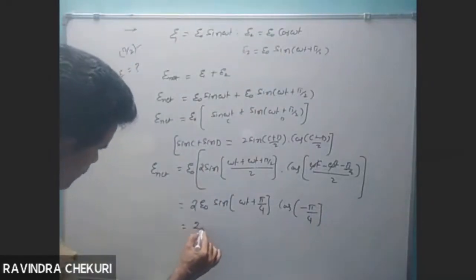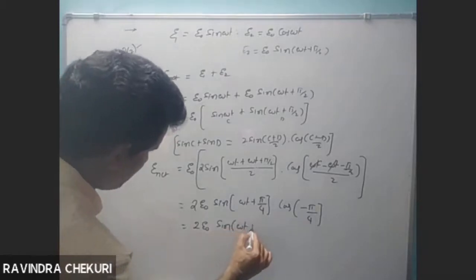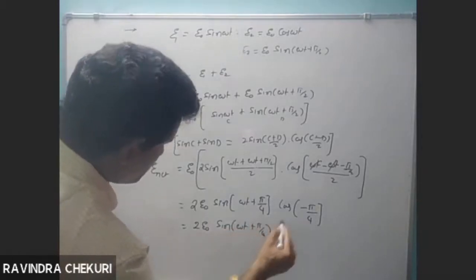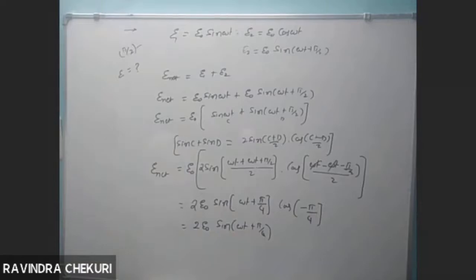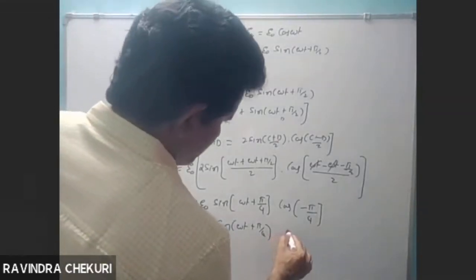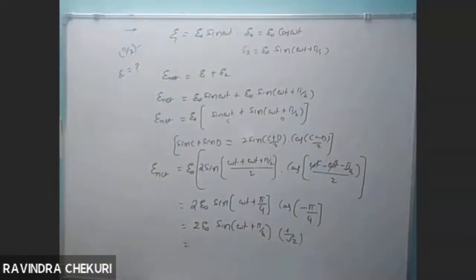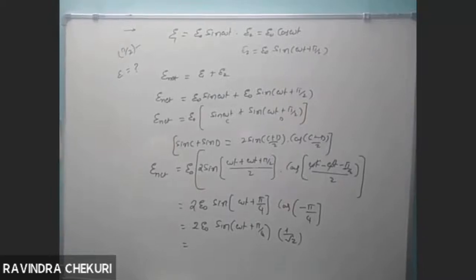So 2 E naught into sin of omega t plus pi by 4. Cos of minus theta is nothing but cos theta, so cos pi by 4 is 1 by root 2. So 2 E naught into sin of omega t plus pi by 4 into 1 by root 2.